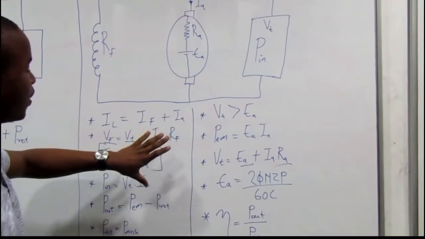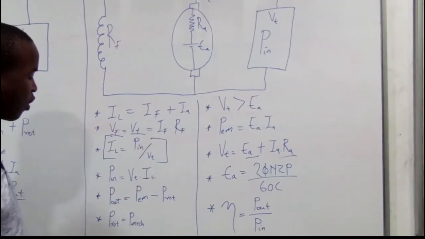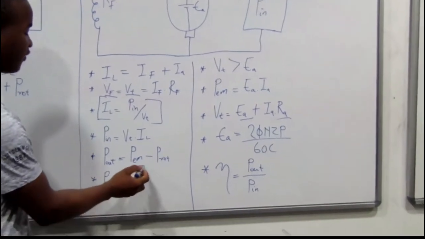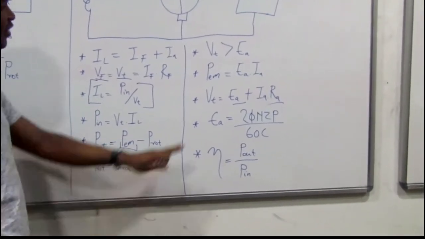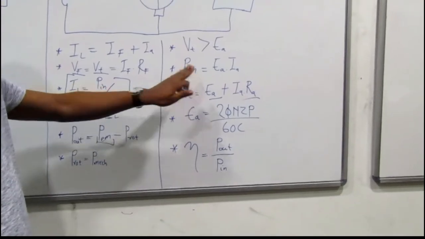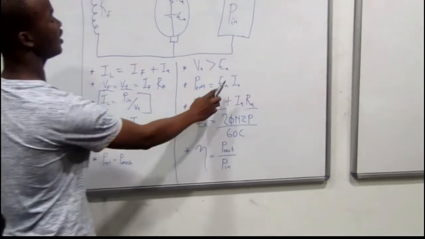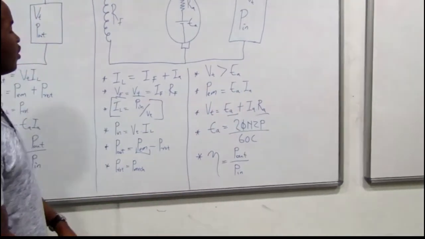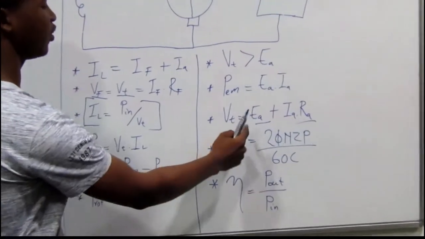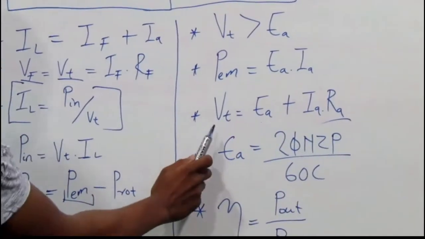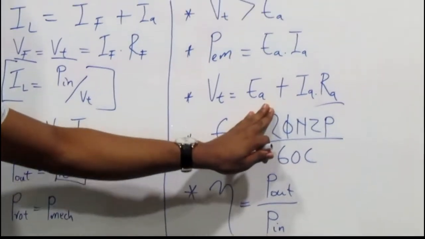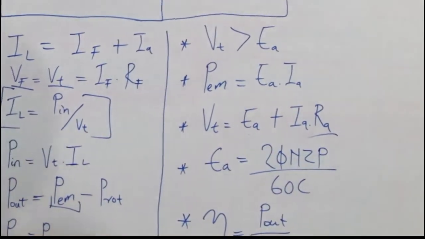When it comes to the electromagnetic power, if you're not given it, here is the formula to calculate it. It's equal to EA times IA, where you can find EA using this equation, VT is equal to EA plus IA RA.